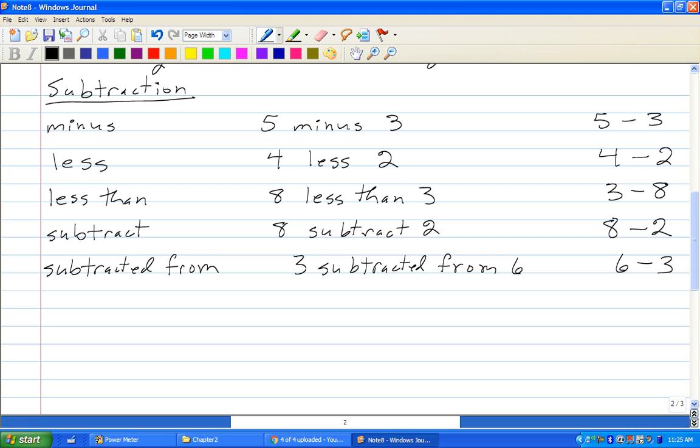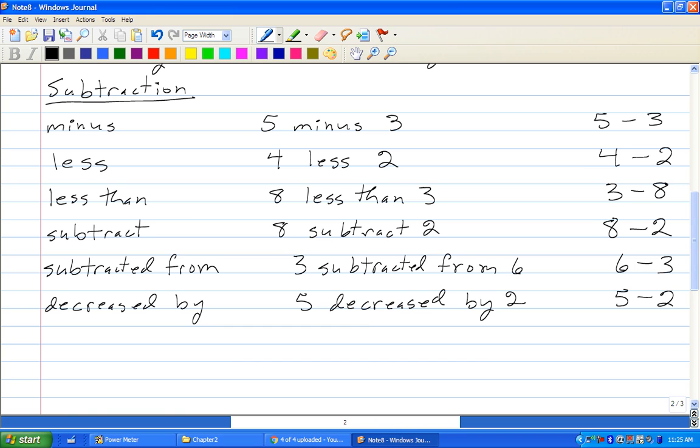Decreased by: 5 decreased by 2, 5 minus 2.